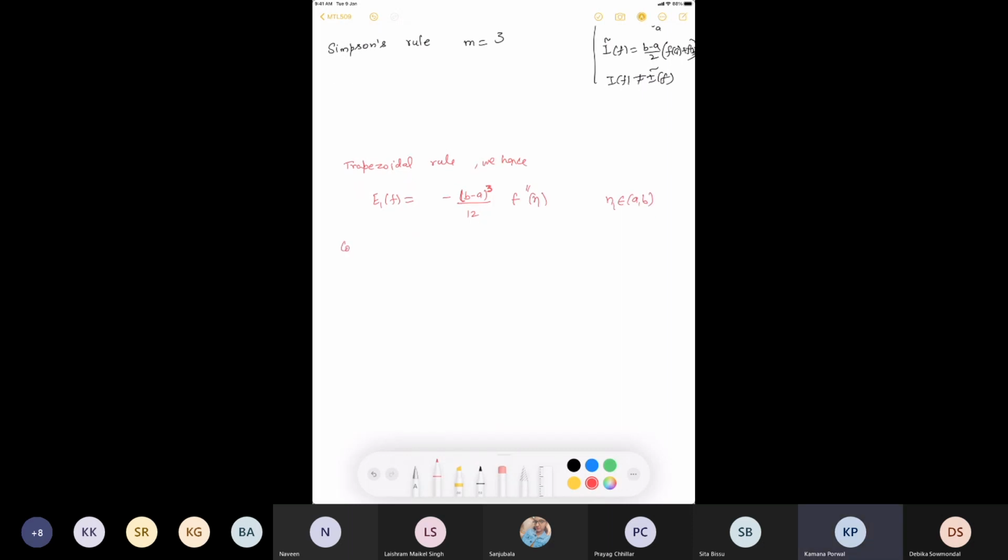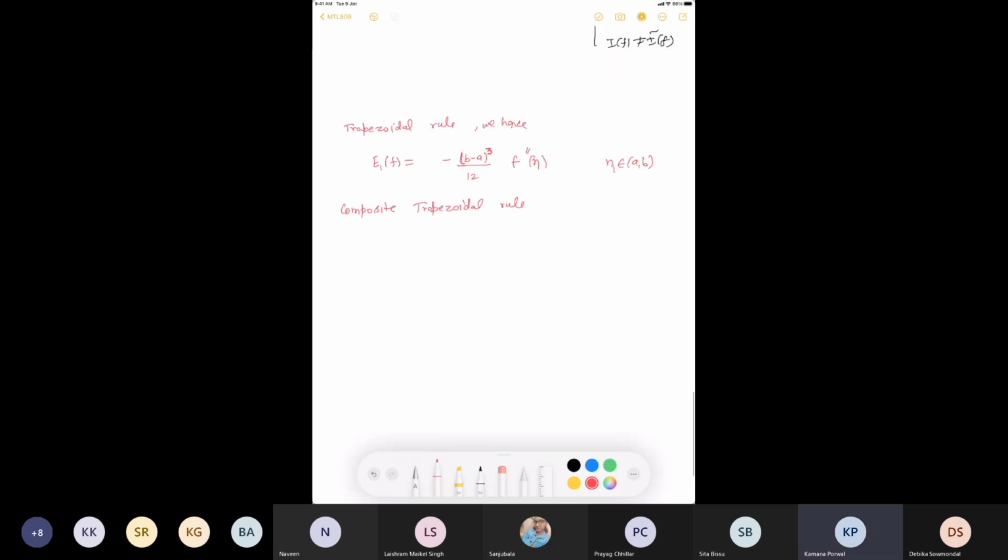And if you look at the composite trapezoidal rule, what is the error formula we got for this? We had got it as minus h cube divided by 12 times the summation of f double prime at eta j, where j is varying from 1 to n.